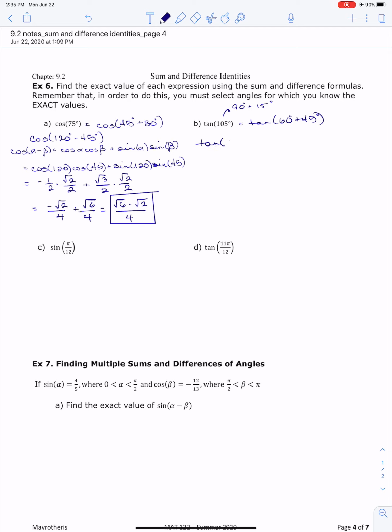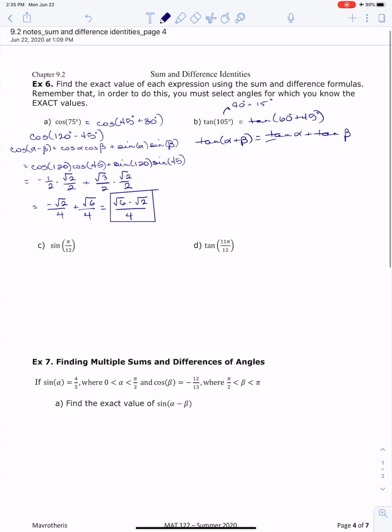So again, I'm going to write my formula out. Tangent of alpha plus beta is the tangent of alpha plus the tangent of beta all over 1 minus tangent of alpha tangent beta.